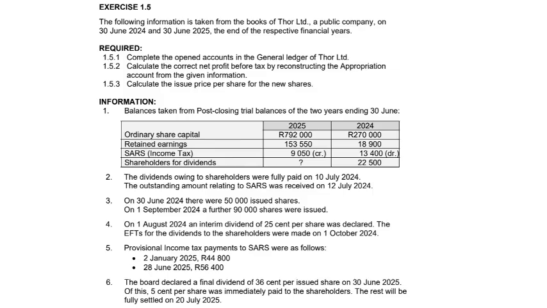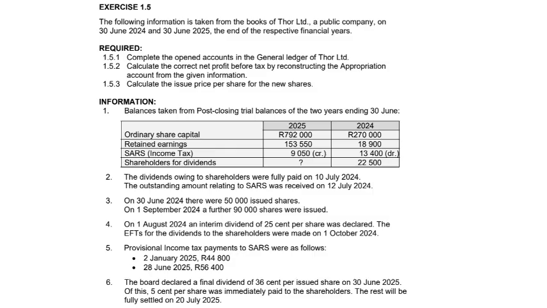Information. Number 1, balances taken from post-closing trial balances of the 2 years ending 30 June: ordinary share capital, retained earnings, SARS income tax, shareholders for dividends. The amounts are included in the table as follows. Ordinary share capital: 2025, 792,000 Rand; 2024, 270,000 Rand.